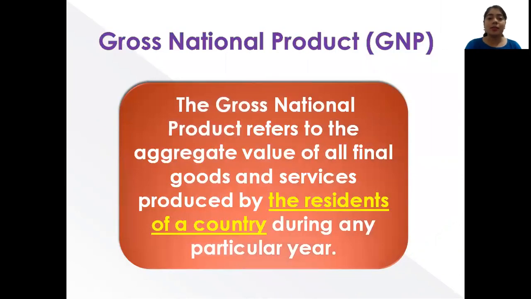The next is gross national product as GNP, and it refers to the aggregate value of all the final goods and services produced by the residents of a country during any particular year. Or simply GNP is the total value of domestic and foreign output claimed by the residents of a country.